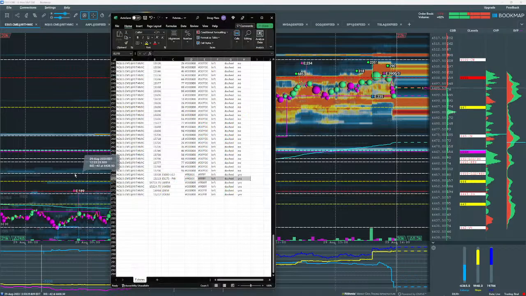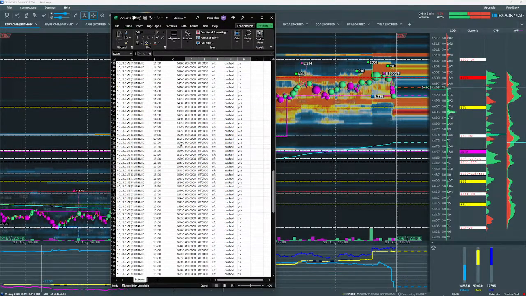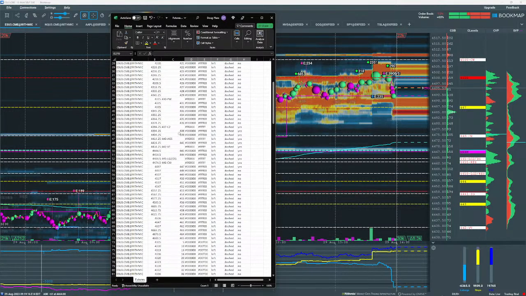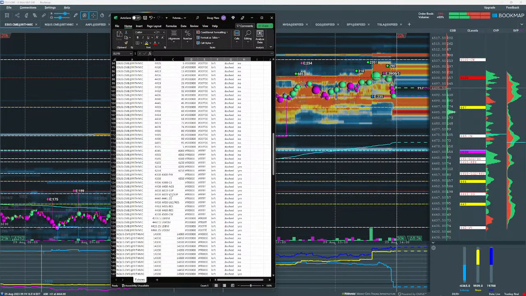Here it is. So this is all the information that I want to show. Here are the SPY levels, SPX levels, and the upper and lower weekly and daily expected moves.